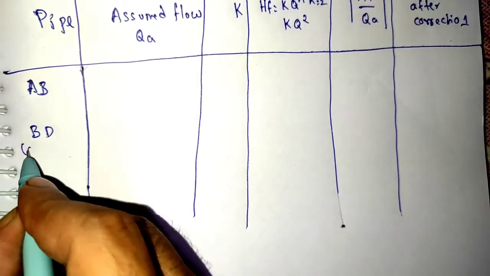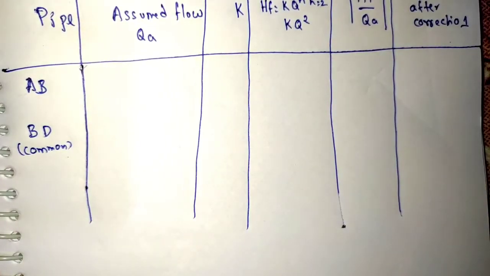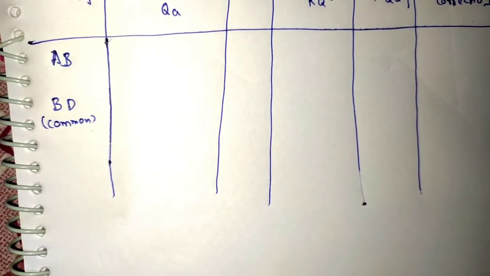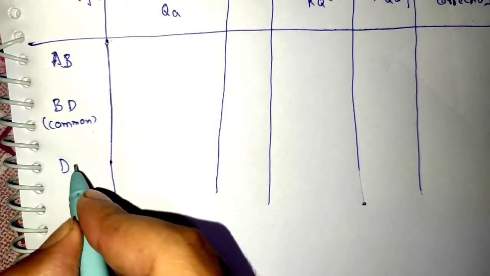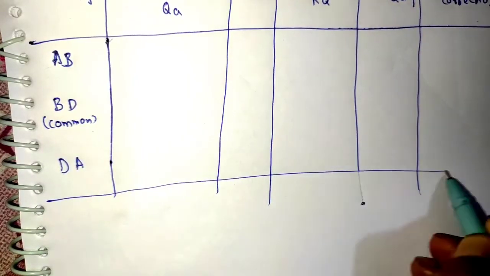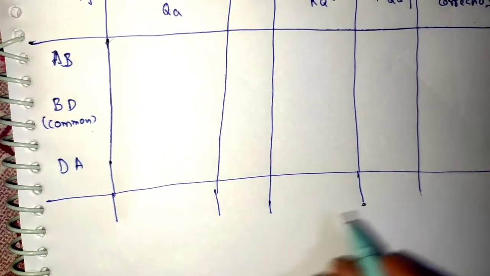We will write common in brackets to indicate that BD is that pipe which is in both the loops, right? So AB, BD common pipe, and then we will have DA, right? And we'll close the table because we have to sum it, right?